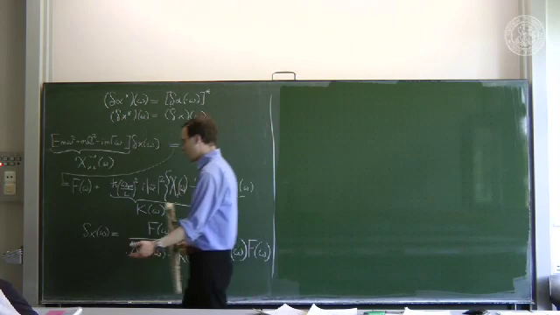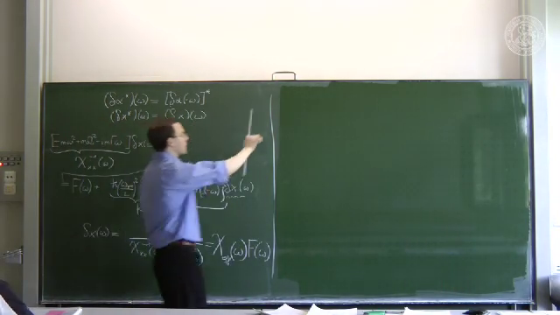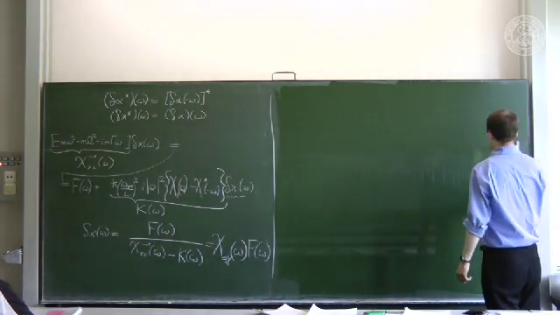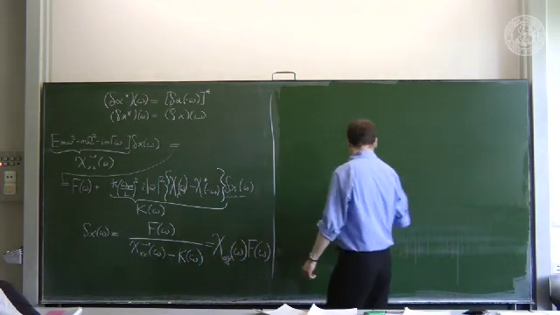Okay, so the next step will be to discuss the meaning and the consequences of having this extra term K of omega. And the first thing I want to point out is that this structure is very general and appears in many other contexts as well.